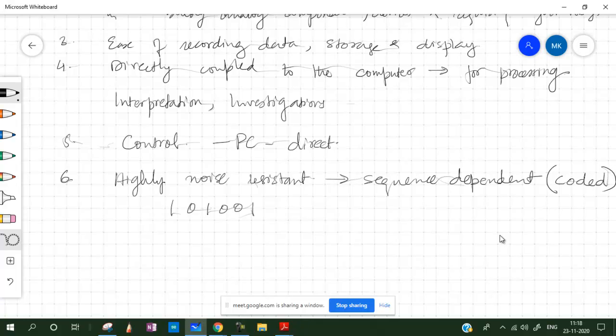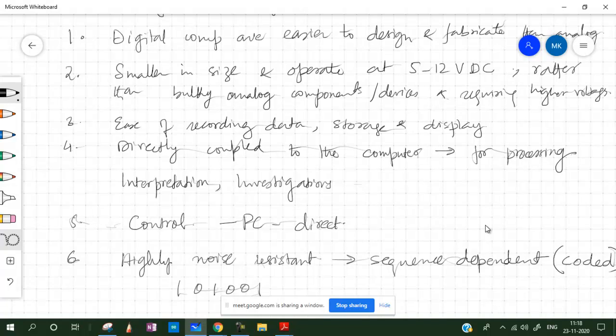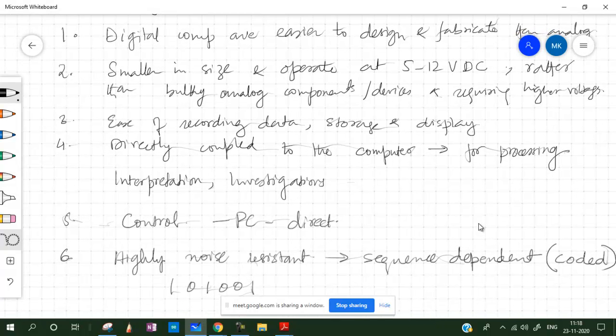So these are some of the significant advantages of digital systems, which is why we go into AD conversion and DA conversion, because we can do a lot with the signal we have taken, let's say we want to measure the strain or the acceleration.